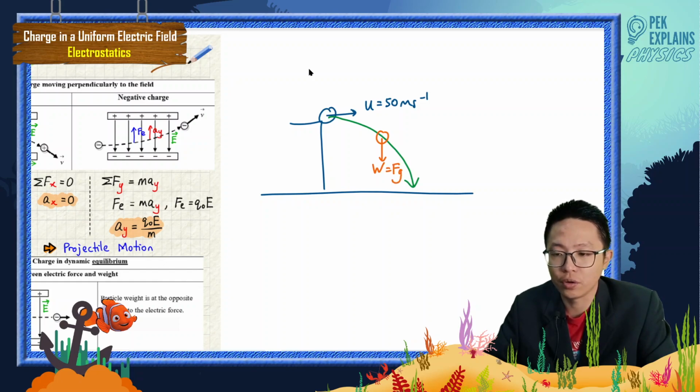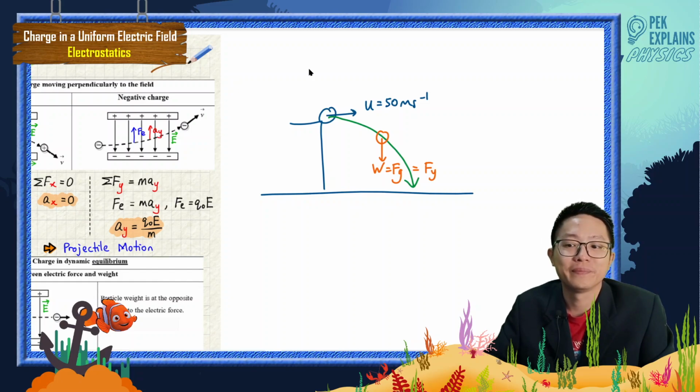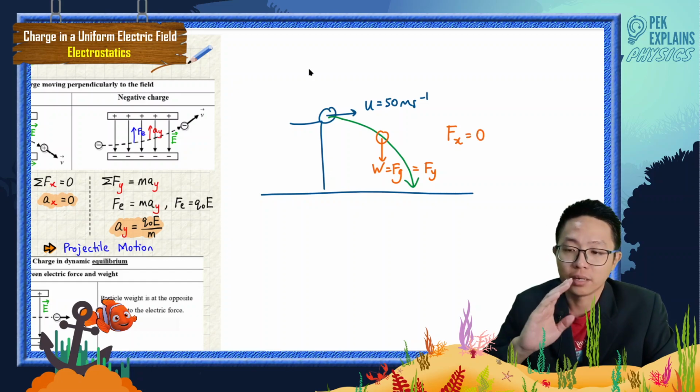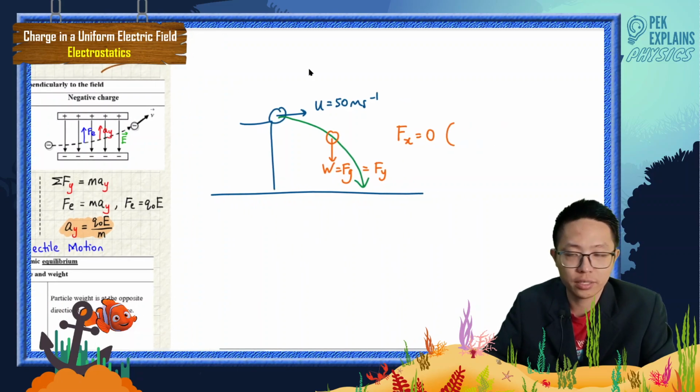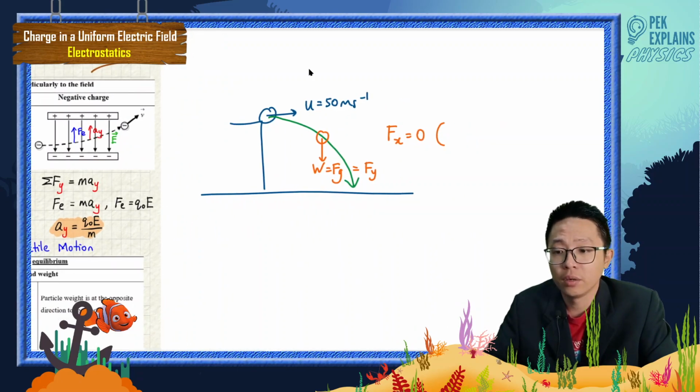This gravitational force is only at the y component. The x component has zero force. Actually, we have an assumption that we ignore the air resistance.